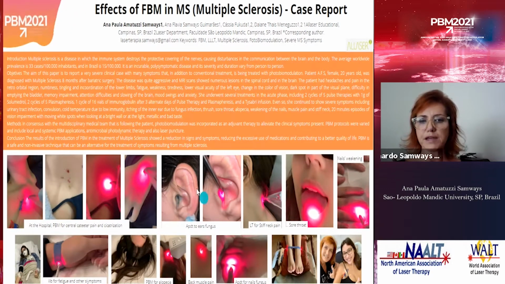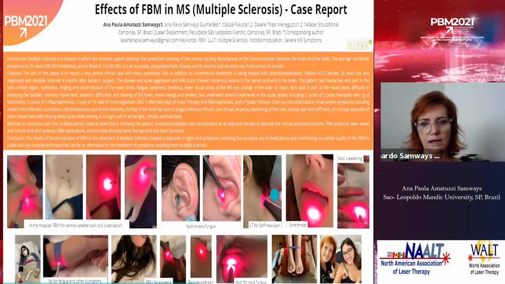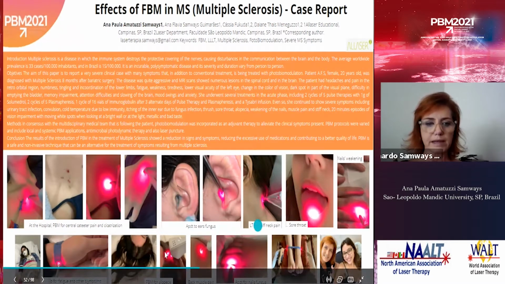And over here, to treat ear fungus with APDT is really good. And for neck pain also, we use it a lot, for sore throat, and for nails that were weakening.